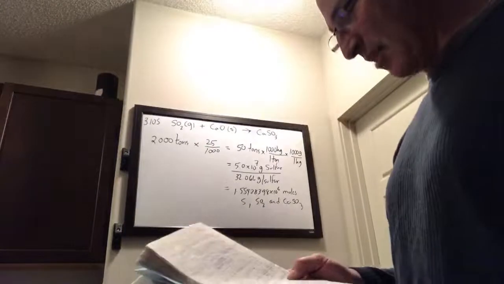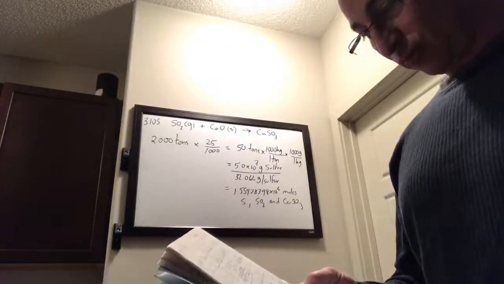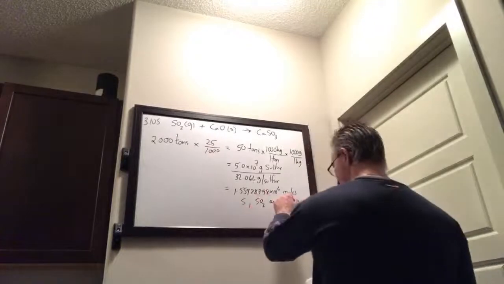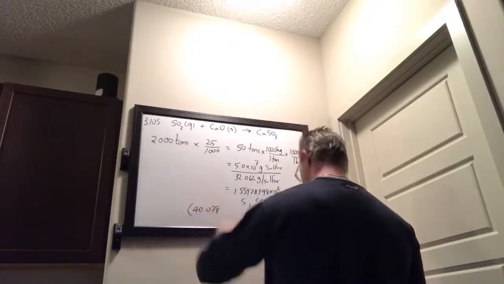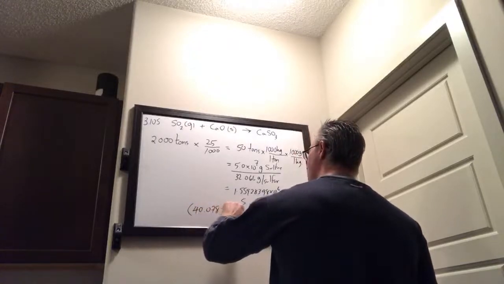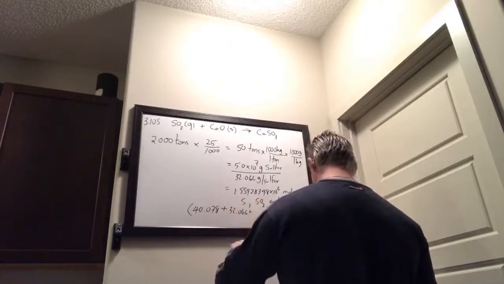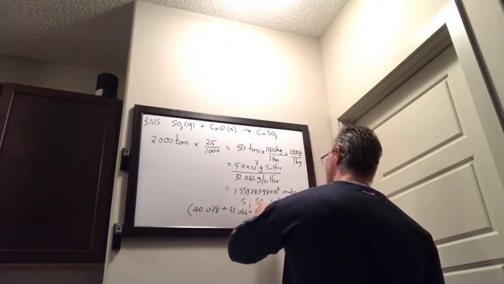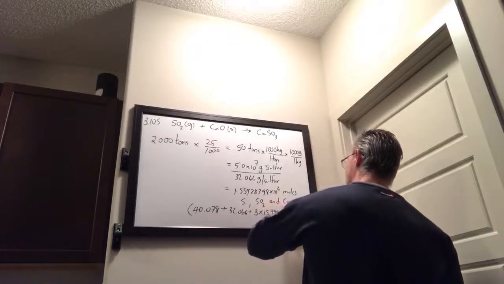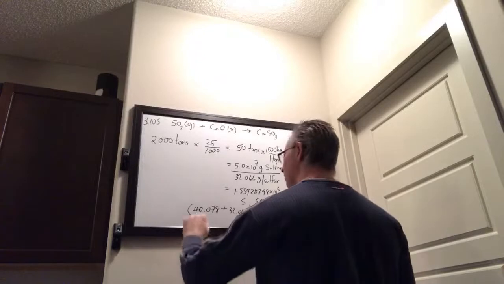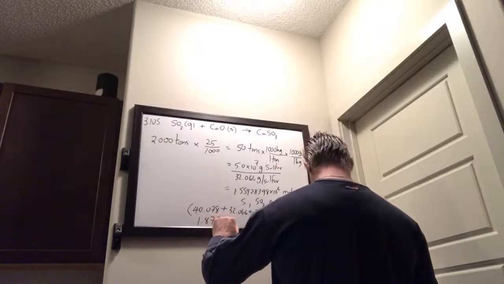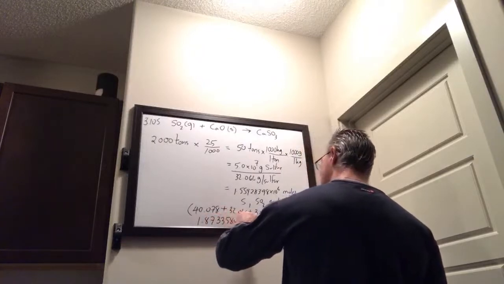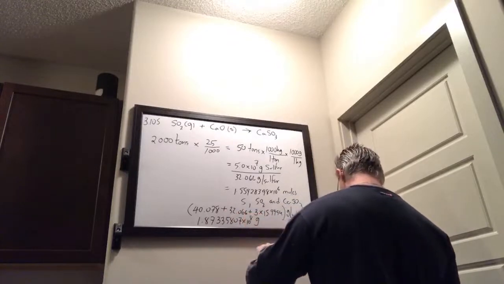And the end result is that you simply calculate how many grams of calcium sulfite you're going to get. So if you get that many moles of calcium sulfite, multiply by the molar mass of calcium sulfite, which is 40.078 plus 32.066, that's the sulfur part, plus 3 times 15.994, that's the oxygen part. So what you get is 1.87335807 times 10 to the 8 grams of calcium sulfite.